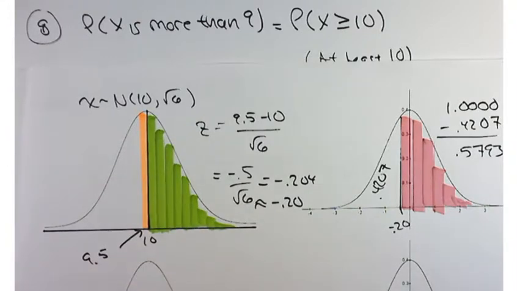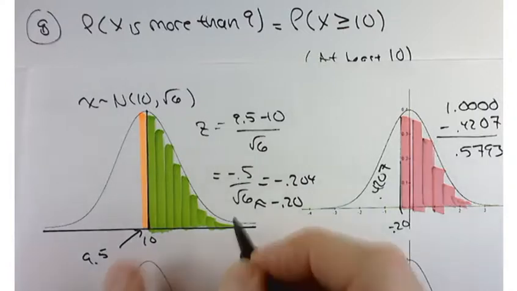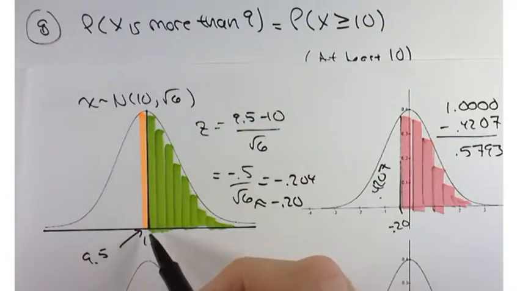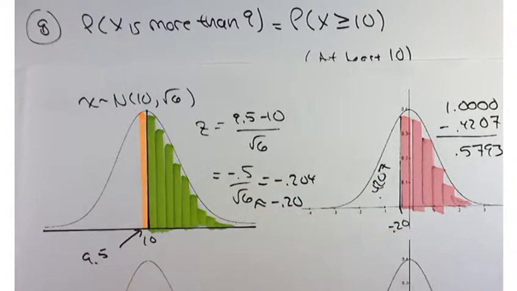Continuity correction says you're going to make the area bigger by 1/2 on either end. Now, you can't make the area bigger by 1/2 out here, but you can over here. And that's what we did. So we went down from 10 to 9.5. The rest is kind of rehashing the stuff we did in section 6.3.